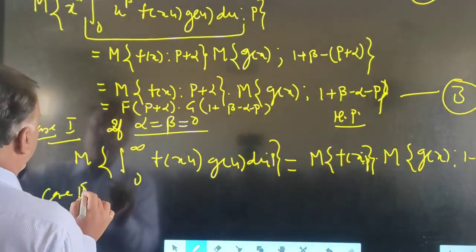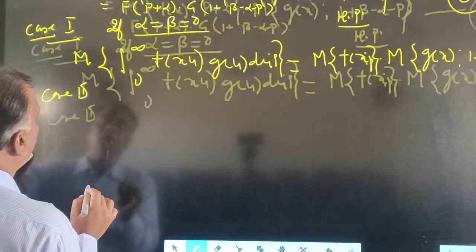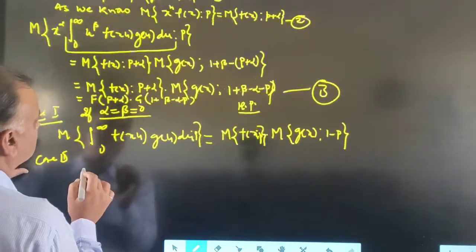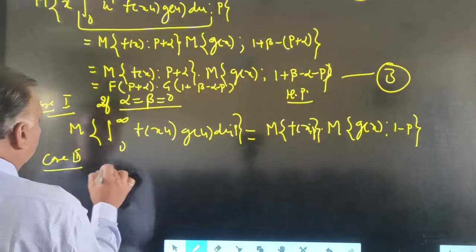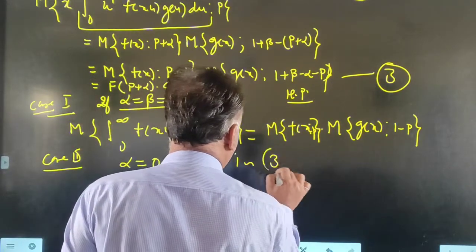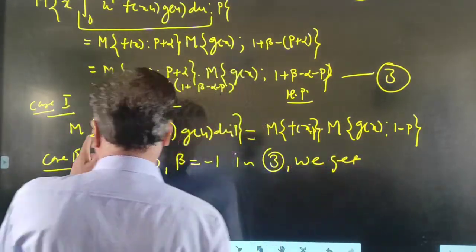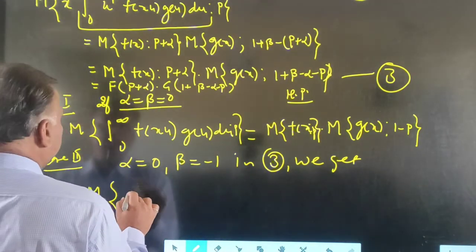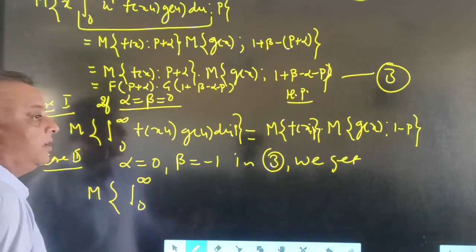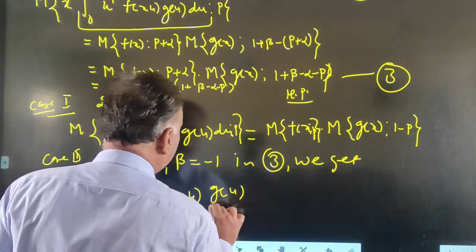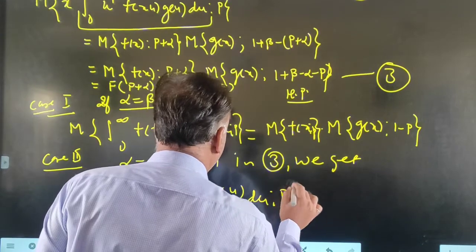Now another case we can take, case second. We can take alpha is equal to 0 and beta is equal to minus 1. In 3, we get, alpha is equal to 0, so this is 1, the integral from 0 to infinity, beta is minus 1, so this is f(xu) g(u) upon u du with respect to parameter p.